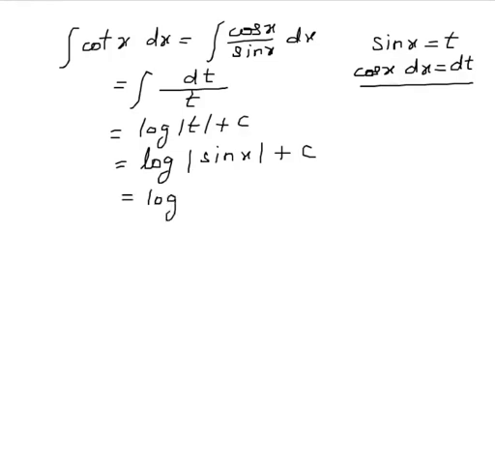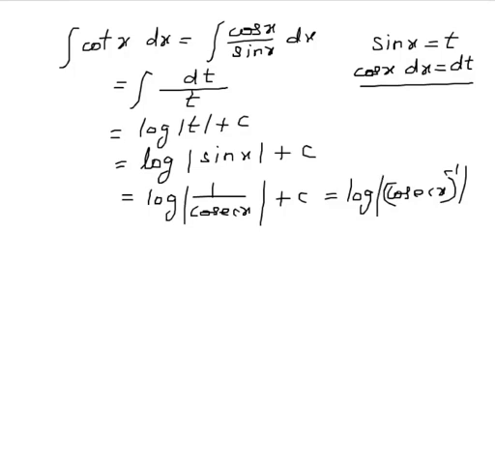And I can write this sin x as 1 upon cosecant x, which is cosecant x power minus 1. Use the logarithmic rule. It becomes minus log of absolute value of cosecant x plus c.